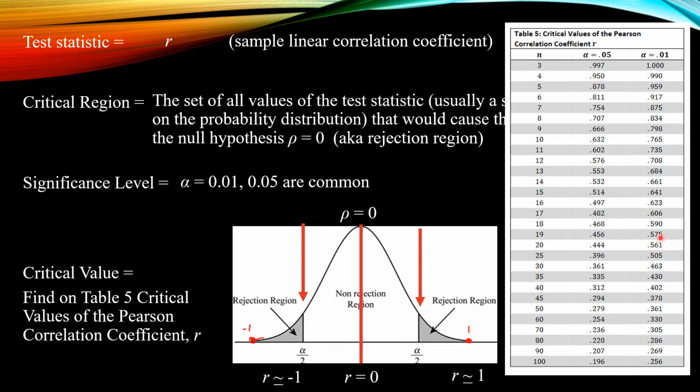So if the correlation coefficient that you calculate for your sample is higher than 0.561 or less than negative 0.561, it will allow you to reject the null hypothesis.